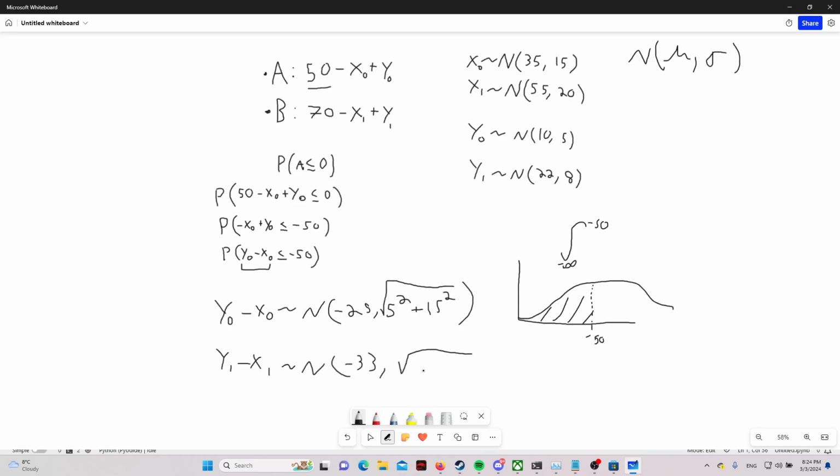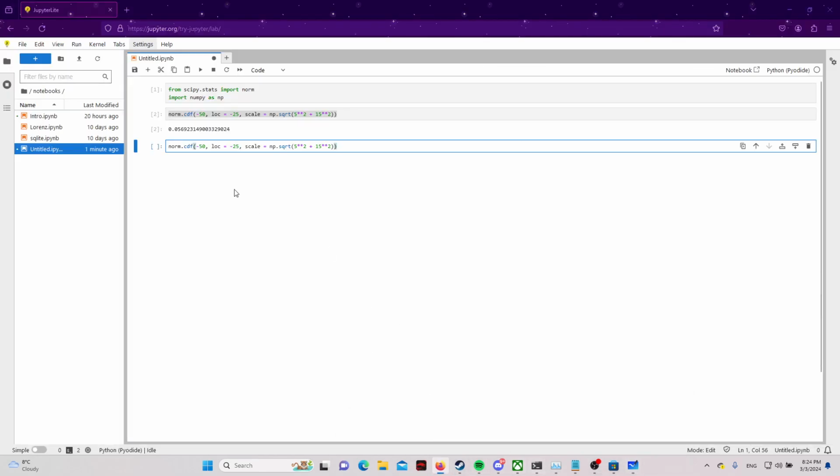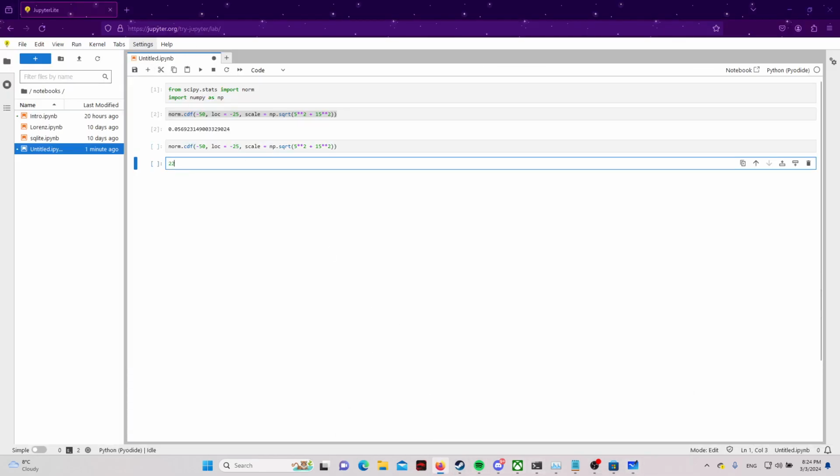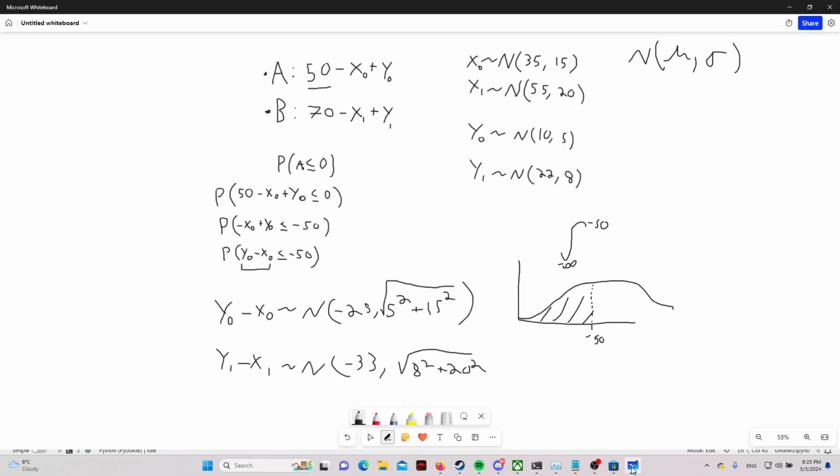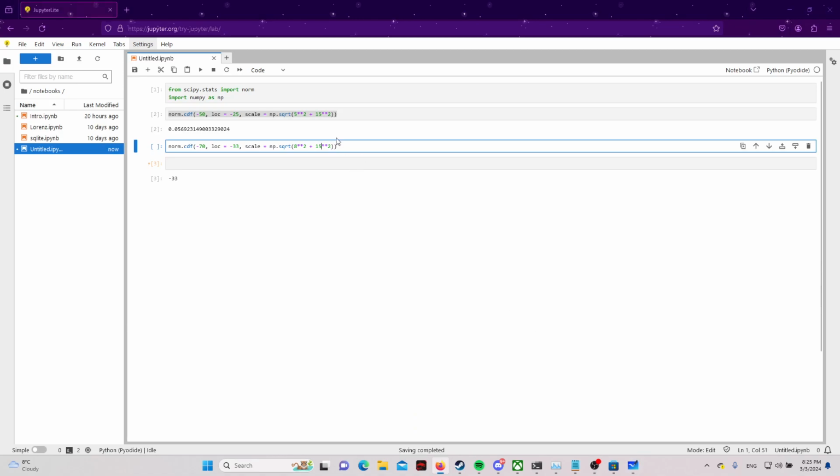And then the variance is 8 squared plus 20 squared. Let me just make sure that is right, because I'm second guessing myself. Okay, so this is -70, this is -33, and then this is 8. And what was the other one? 20. Yeah, 20 squared.